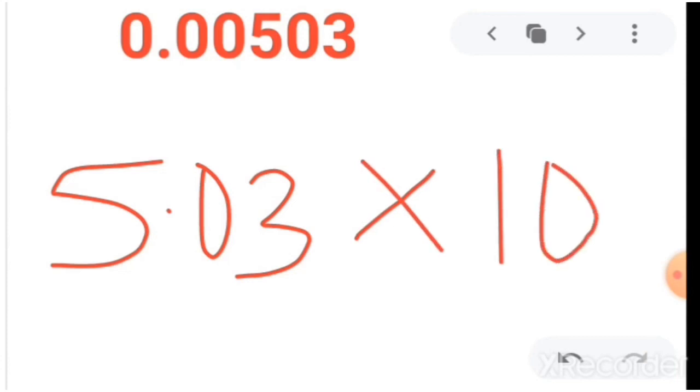Now, to get the power of 10, we count together 1, 2, and 3. Because we have written 5.03 and the decimal point has moved 3 places to the right, and this number is less than 1, the power of 10 will be minus 3. It is easy, right? So that is how we write really small numbers like 0.00503 in standard form.